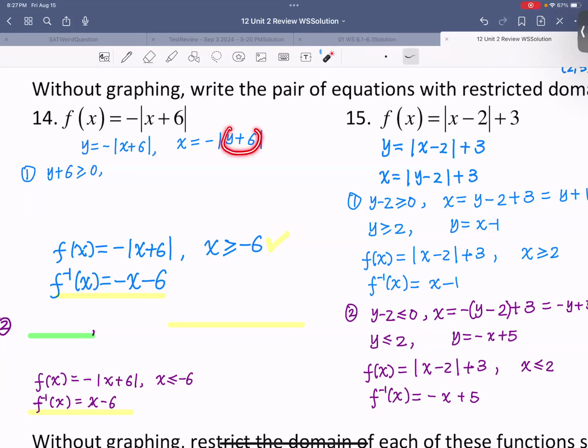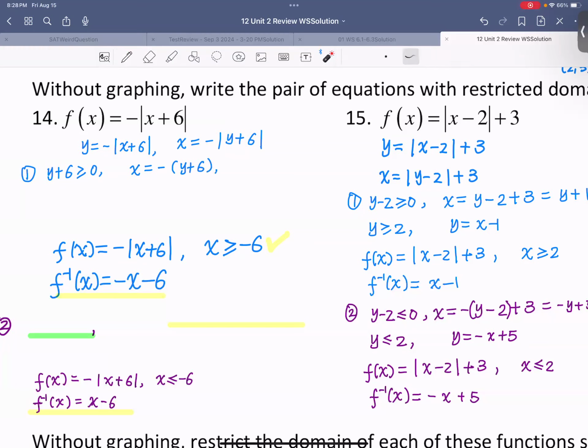When the part here is greater than or equal to 0, then our x will equal how much? Negative y plus 6, negative parentheses, right? Okay.